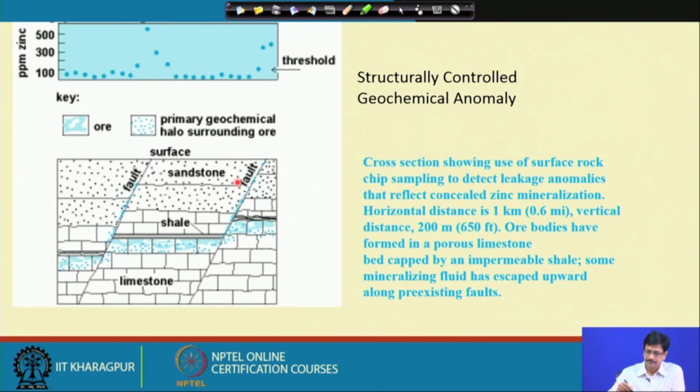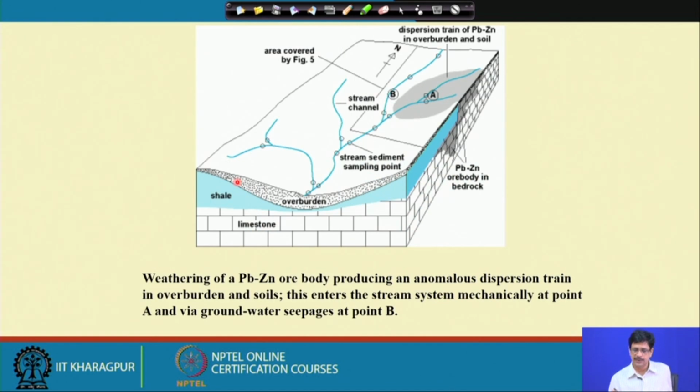This is also an example of a hidden ore body somewhere here, shown by the lead enriched ore body bedrock, which has been dissected by the streams. If we analyze the stream channel, the weathering of the lead enriched ore body is producing the anomalous dispersion train.